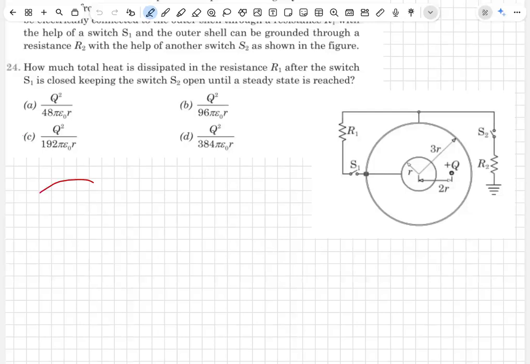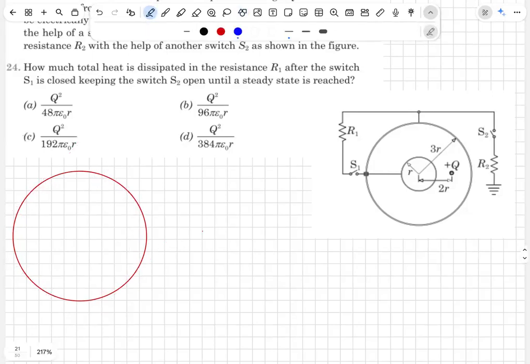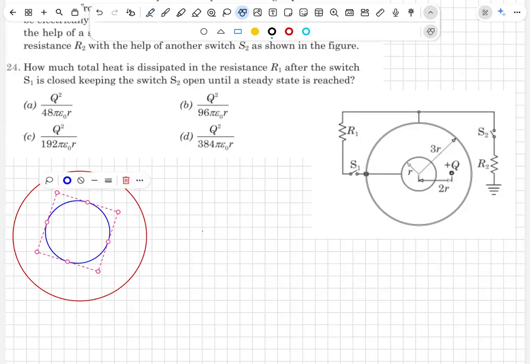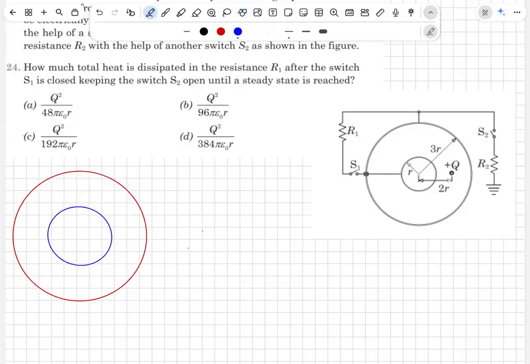I can see three different stages in this. The first stage is, I'm assuming the center point as A, the surface point on the inner shell as B, and the surface point on the outer shell as C. And by the way, you have plus Q over here, which is at a distance of 2r.